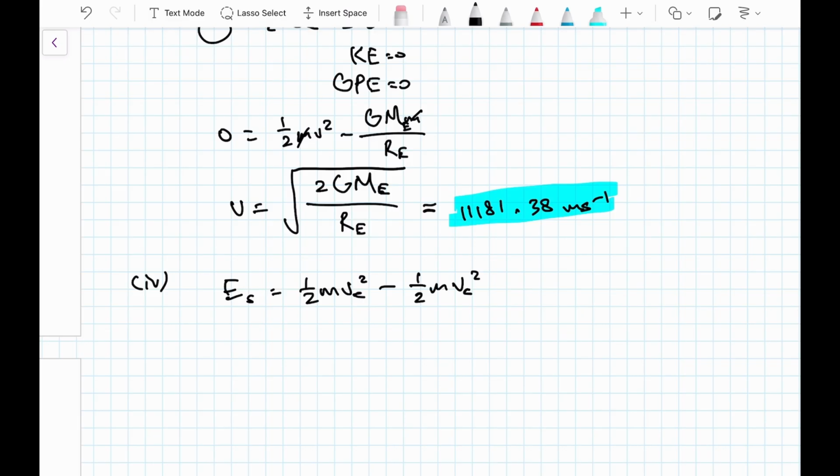And then the other one is EO, for orbiting around the Earth.